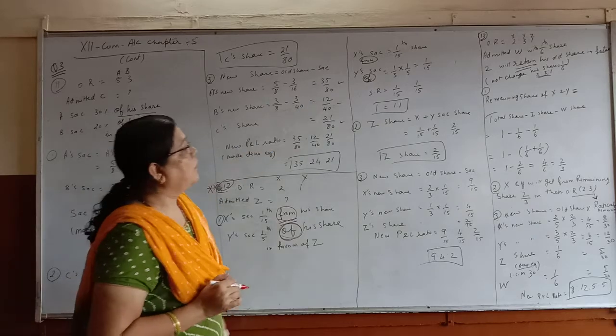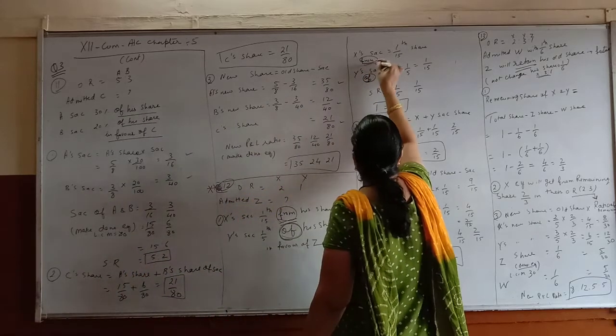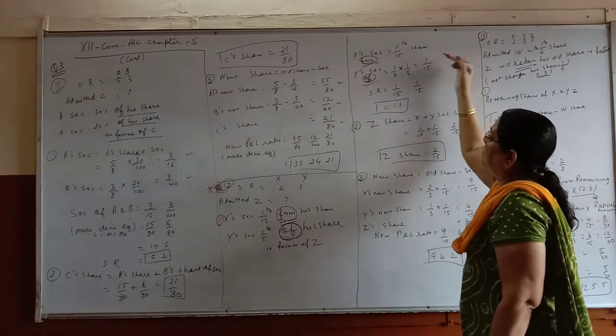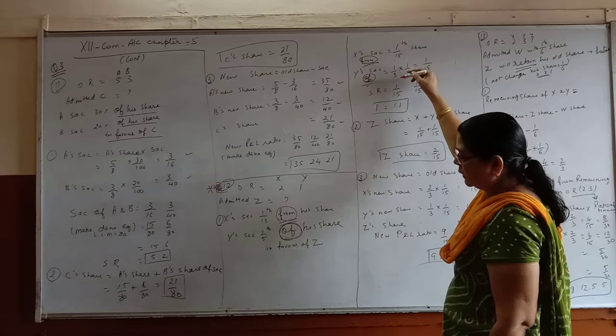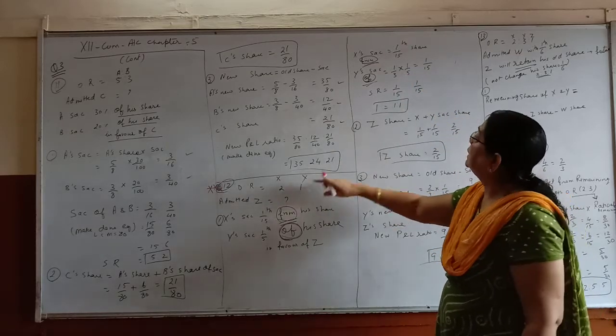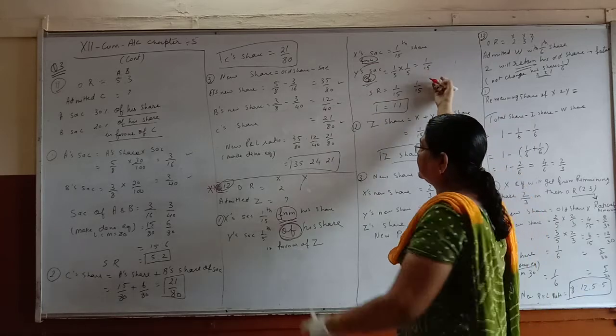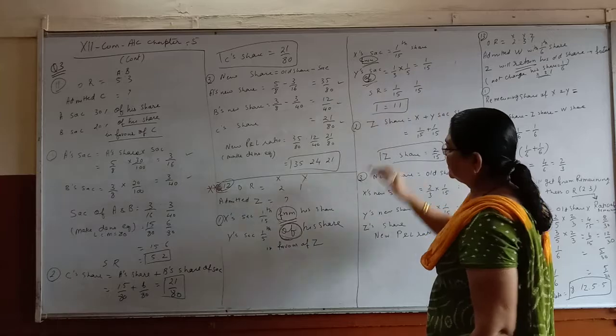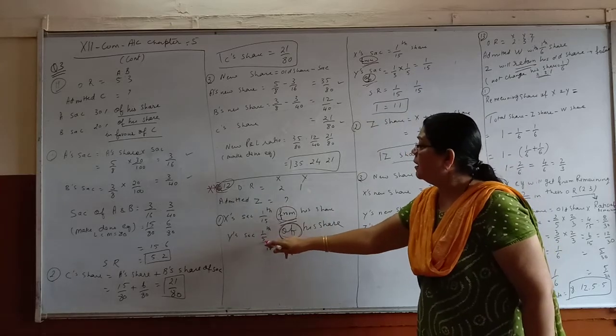So here I have worked out and I have written also for you children. X sacrifice is 1/15th share, Y sacrifice is 1/3 here. What is his old share? 1/3 multiplied by his share. How much he is going to give Z? 1/5.